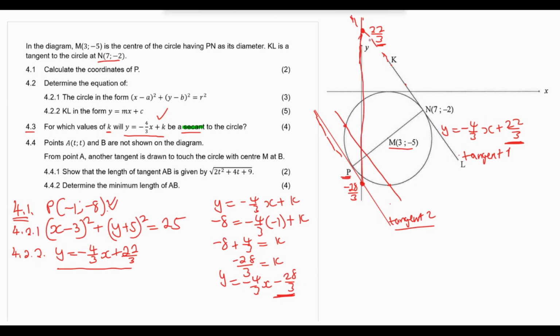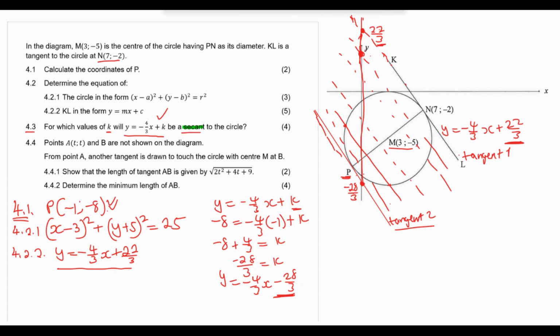So we're talking about a line which has a gradient of -4/3. It could be here, could be there, could be somewhere there. It should be between these 2 points. It means the y coordinate of the y-intercept, which is k in this case, should be between -28/3 and 22/3.